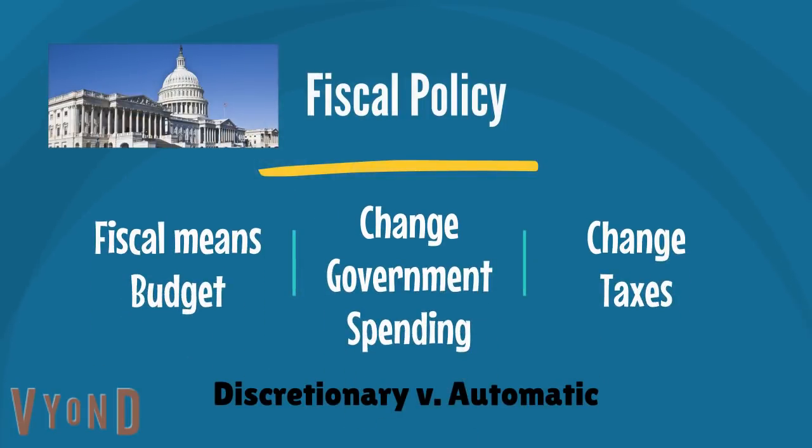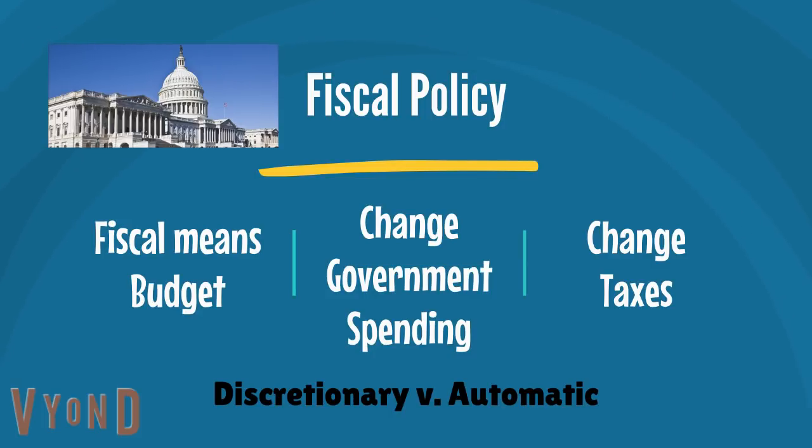So fiscal is a word that means budget. You probably have heard of a fiscal year, which would be a budget year. That means fiscal policy is about government spending and taxes, the budget. How much money do we spend? How much money do we take in?